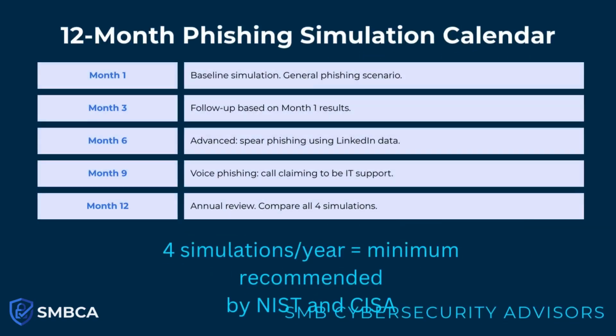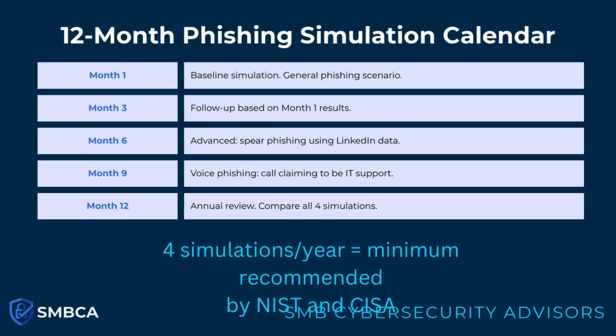Your phishing simulation program, a 12-month calendar. Month 1, baseline simulation, no prior warning except general phishing awareness. Month 3, follow-up simulation based on results of month 1. Month 6, advanced scenario. Try a spear phishing email using information from LinkedIn.